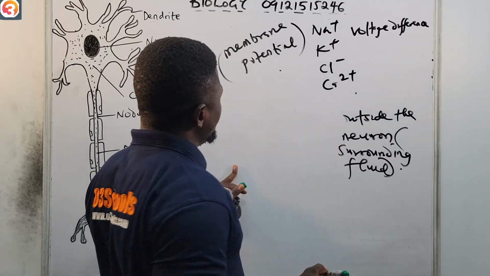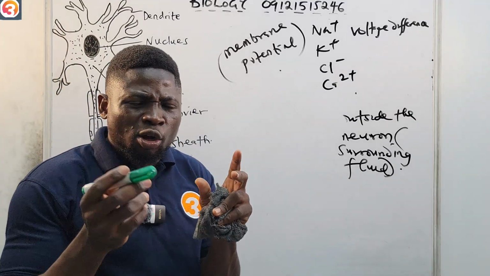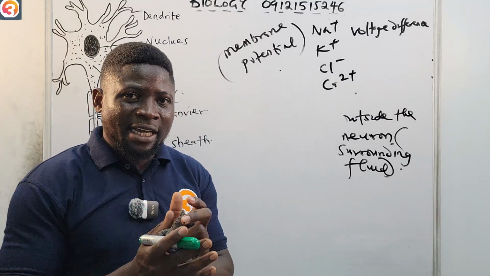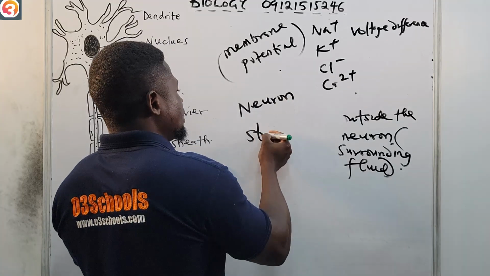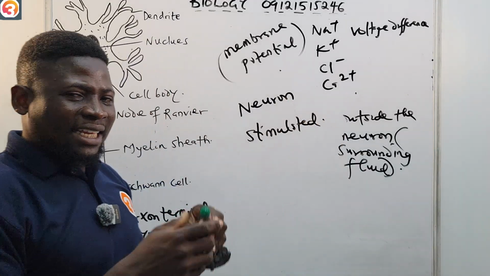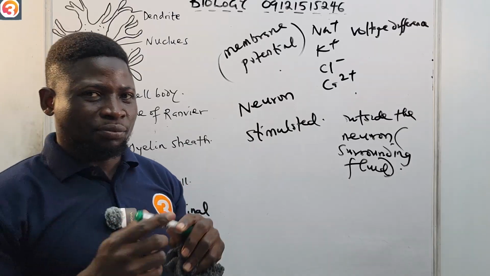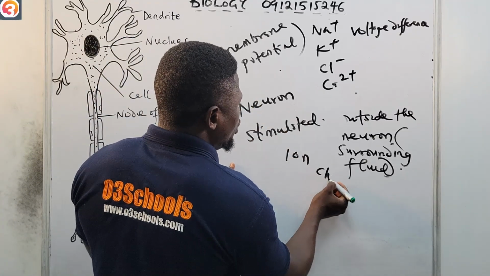Now when a neuron is stimulated strongly enough, there are some things that happen. Let me make this very clear. When a neuron is stimulated strongly, number one, the ion channels open.